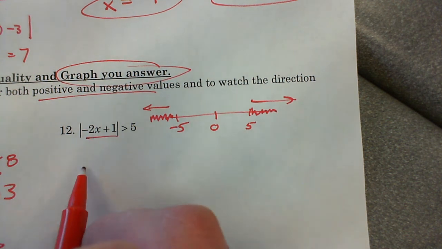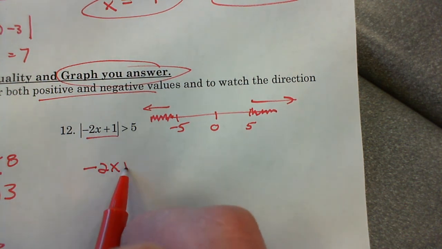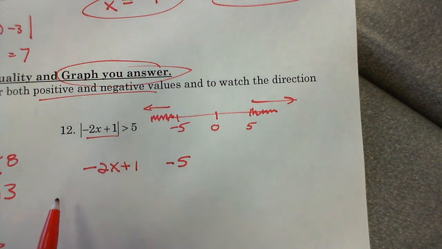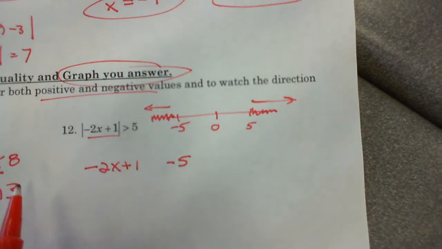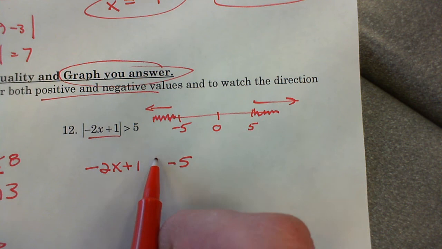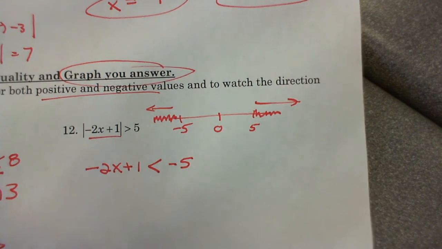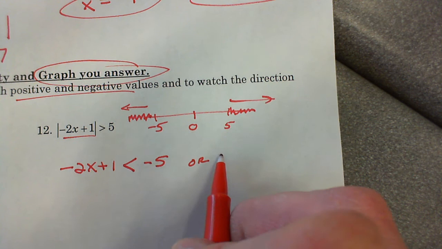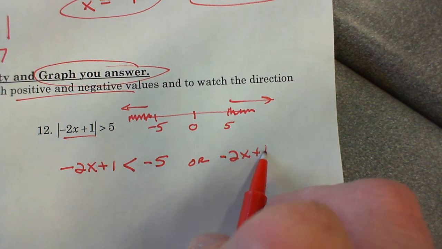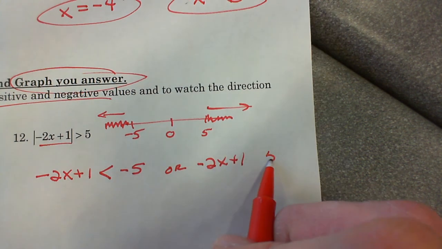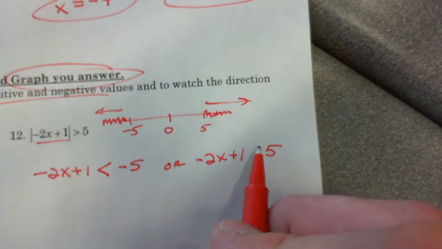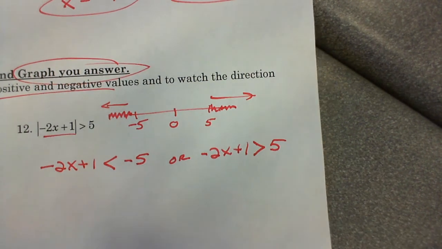So here's our value, -2x plus 1. Well, if we compare it to -5, are these bigger or smaller than -5? They're smaller. So it's less than. Over here, for the positive case, we have -2x plus 1. How do these compare to +5? These numbers are bigger, so we've got greater there.